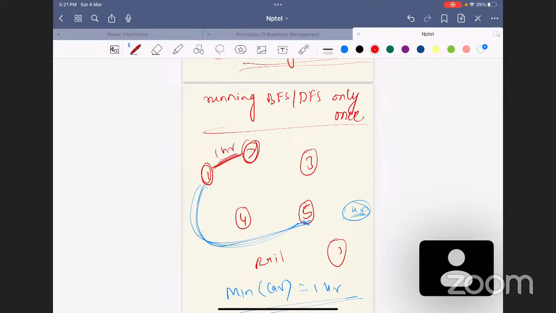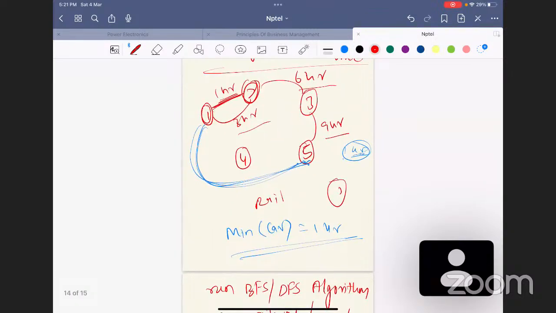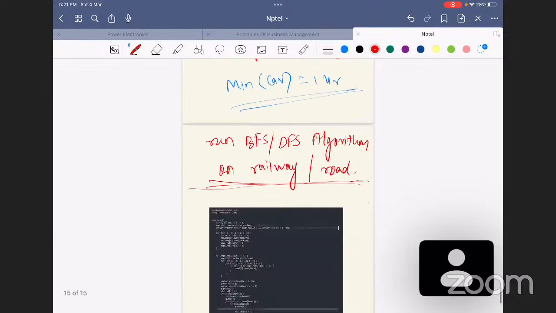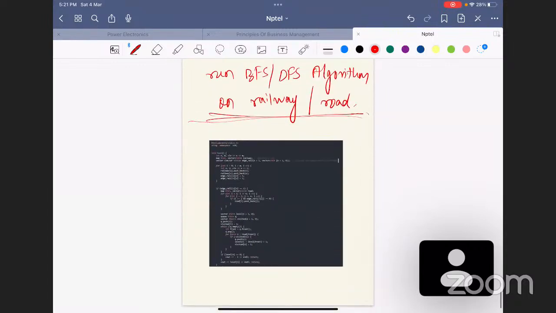So if you're saying that from 1 to 2 it takes 3 hours, from 2 to 3 it takes 6 hours, from 3 to 5 it takes 9 hours, then for this, if you want to calculate the minimum time, then Dijkstra algorithm would work. But the questions on Dijkstra algorithm are for week 7, for the next week. So we'll not discuss that here. But yeah, Dijkstra algorithm is for that only.